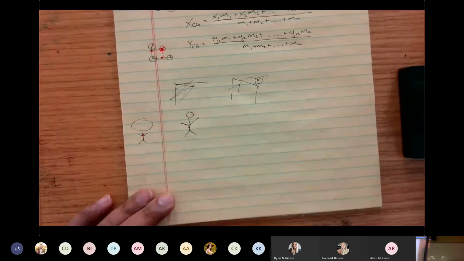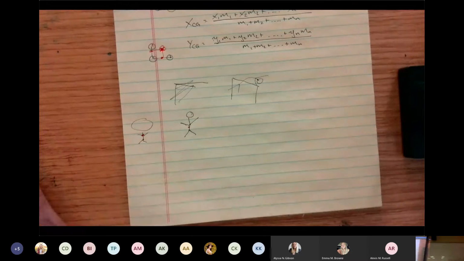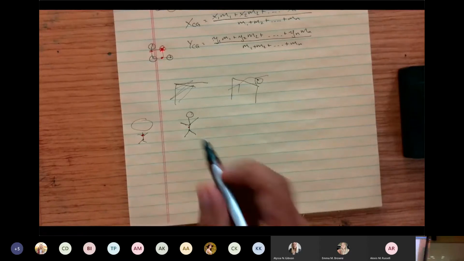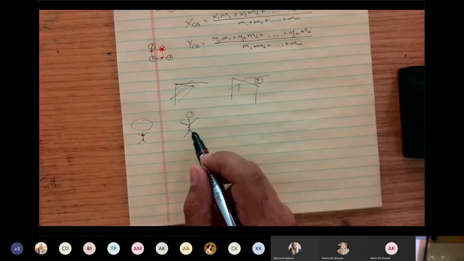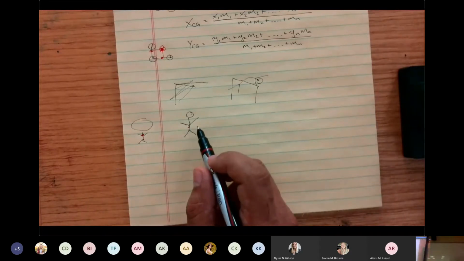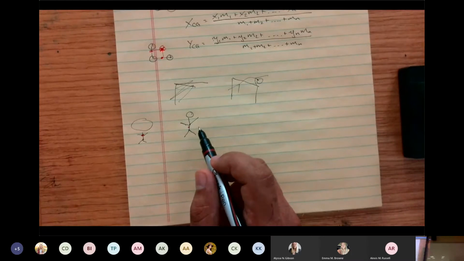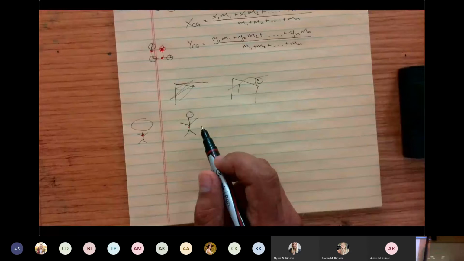Now, one of the things that happen when you move your body is that you move your center of gravity. So when you do an arc, or when you are flipping, or running, your center of gravity is going to change. And sometimes the center of gravity can be outside your body.